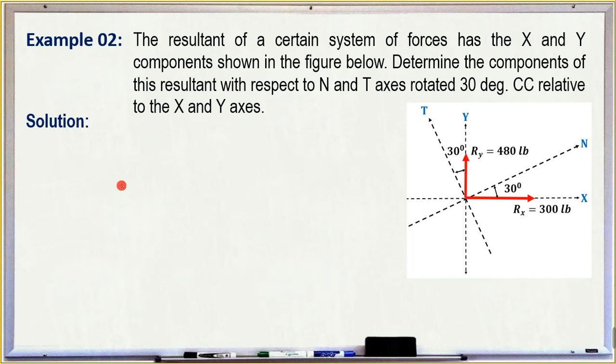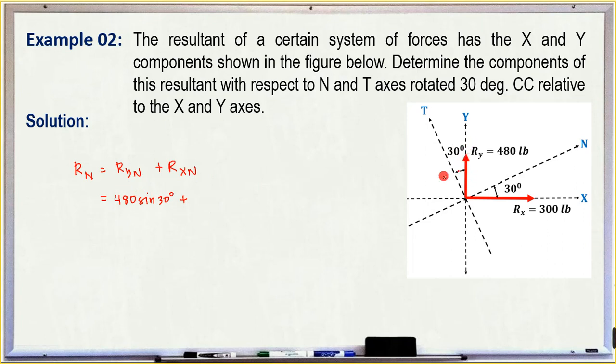Yes, sir. Okay. So for Rn, we have the Ryn plus Rxn. Now for Ryn, we have 480, no? So 480 sine of 30 degrees plus our Rx. Now diri apod, dapat meticulous pud ta sa direction or sa sign. So for Ryn, positive na siya, no?